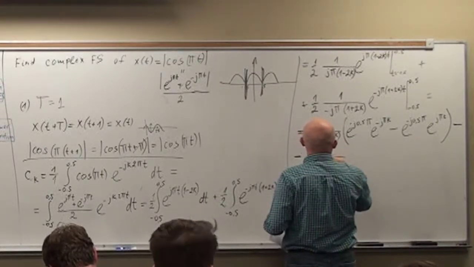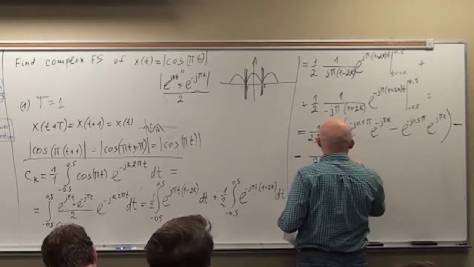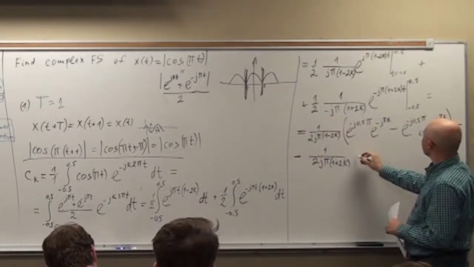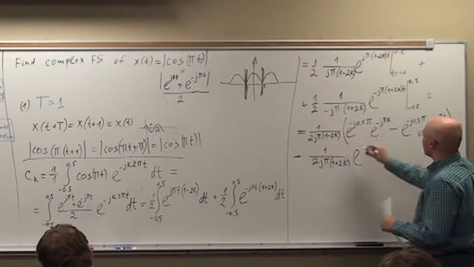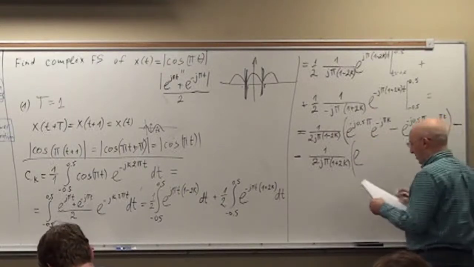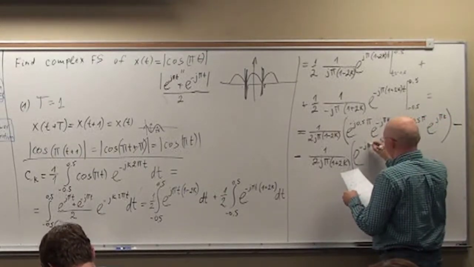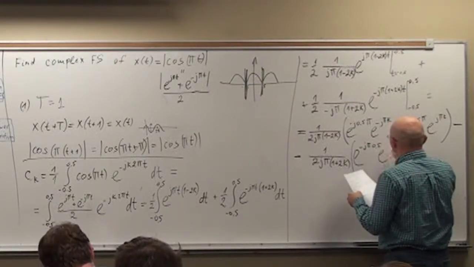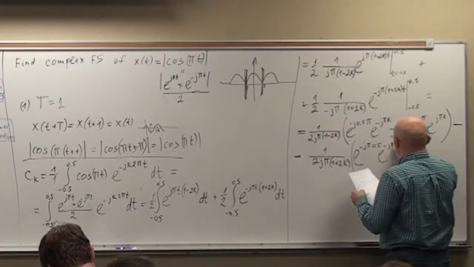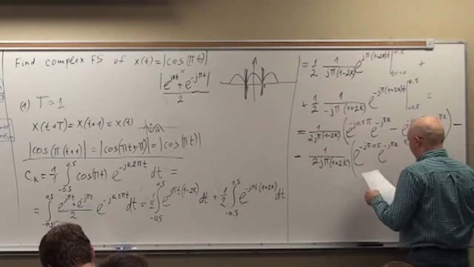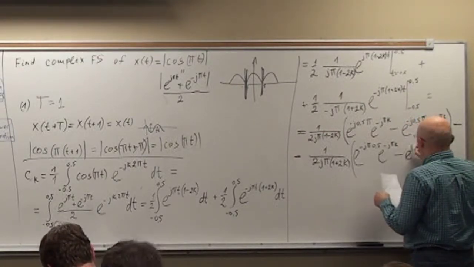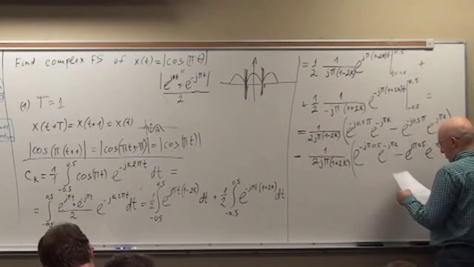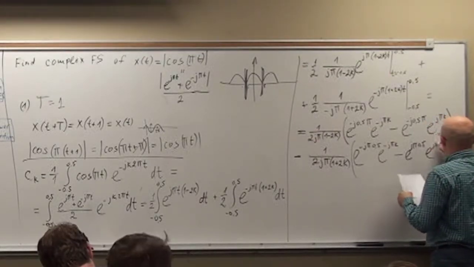Twice j pi (1 plus 2k), and here 1. And now the same thing here. Minus j pi 0.5 e minus j pi k minus e j pi 0.5 e j pi k.